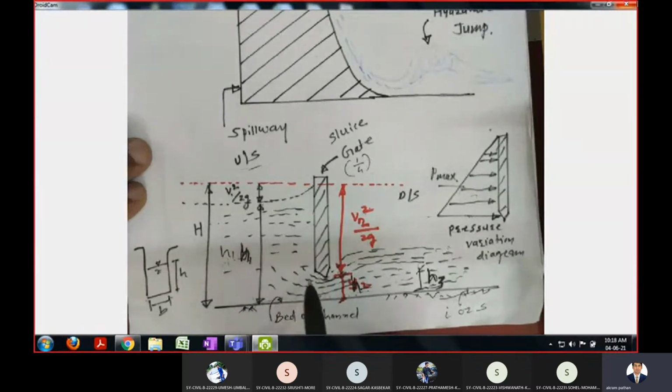So for these two purposes, how much water we have to supply and the design of the gate, which depends upon 5 hydraulic parameters, we have to conduct today's practical.